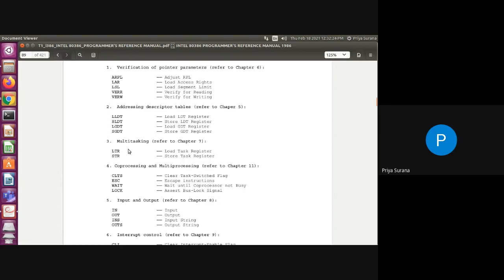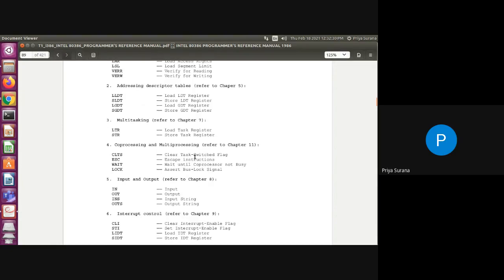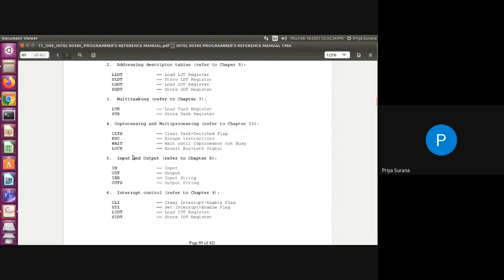In the same way, a few additional instructions are there. Those are related to coprocessor, like CLTS, and also to multitasking. CLTS is clear task switch flag. Already we discussed there is a flag bit in the flag register which is required for task switching.